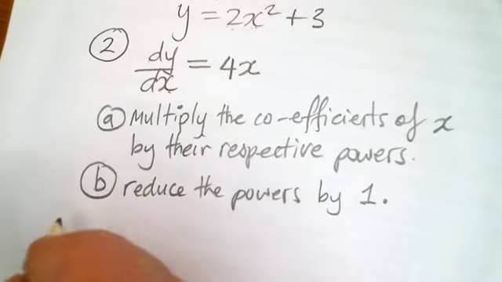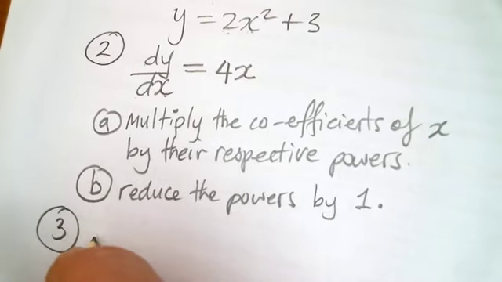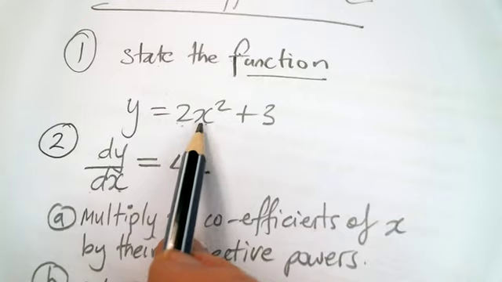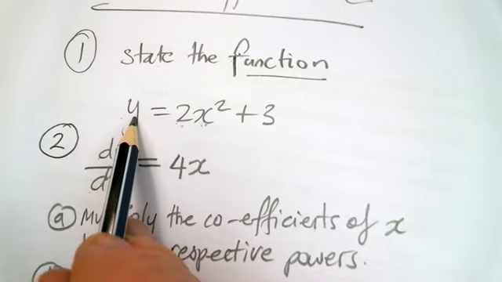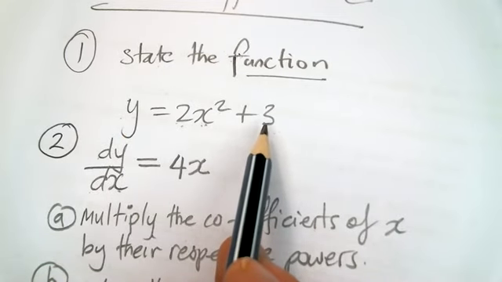Now, step 3. Any constants, they're things that do not change. In other words, the x here will change and the y will change as these two increase or decrease. But the 3 will remain exactly as it is. This is a constant.